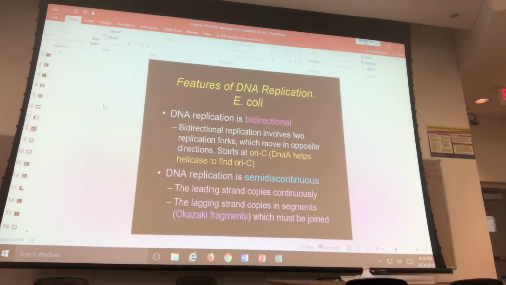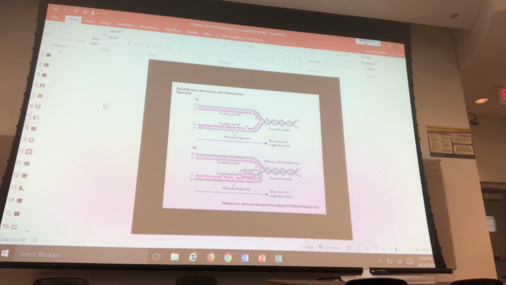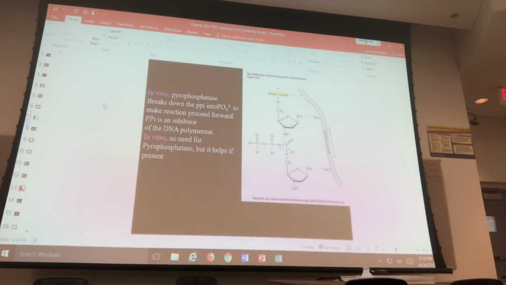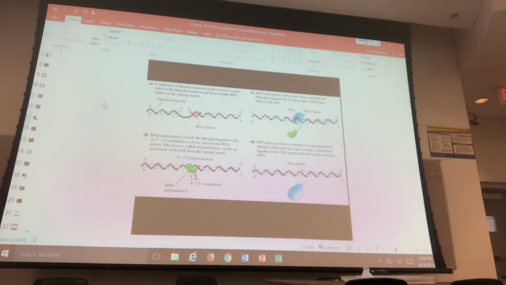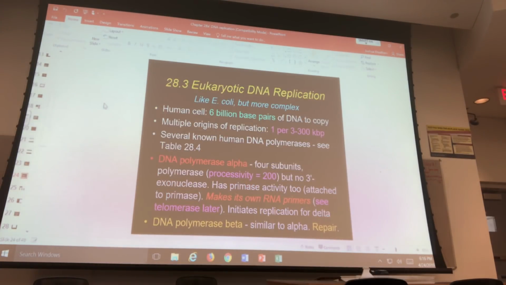Alright, DNA replication. Most of the information we wanted to ask you about DNA replication is actually on exam 3. However, there's a few things that you do need from here for the final exam. In particular, eukaryotic information. Eukaryotic replication is driven by several different DNA polymerases. DNA polymerase alpha is able to make its own primers.